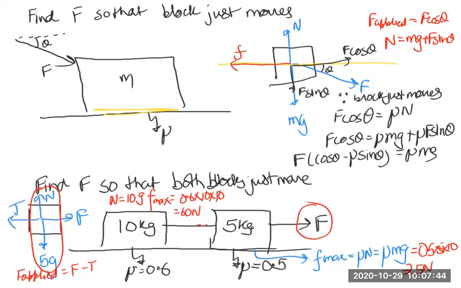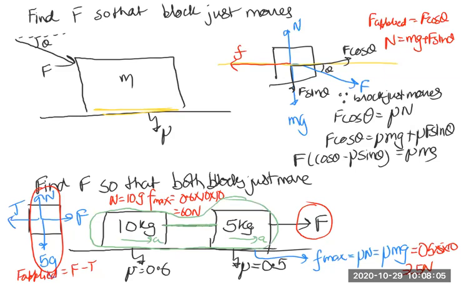Now, since these two blocks are connected to each other by a string, it is guaranteed that if this one's acceleration is a, then this one's acceleration will also be a. Therefore, I can consider this whole thing to be a single system.